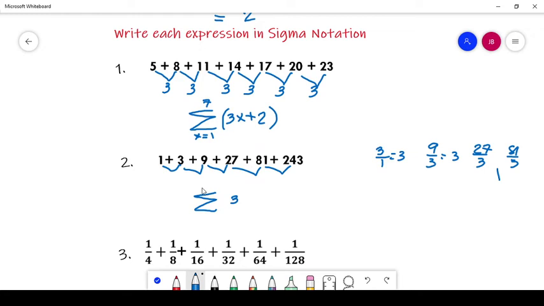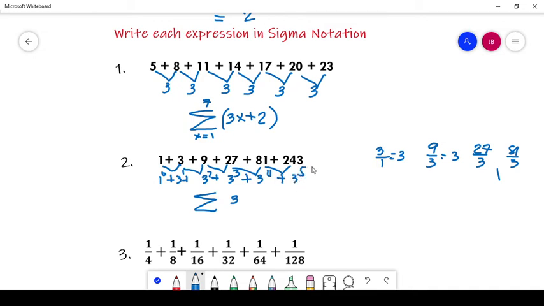So we can write that as, for example, 3 raised to 0 is 1. And then 3 is 3 raised to 1. And then 9, we have 3 squared. And then in 27, we have 3 raised to 3. 81, we have 3 raised to 4. And then 3 raised to 5.